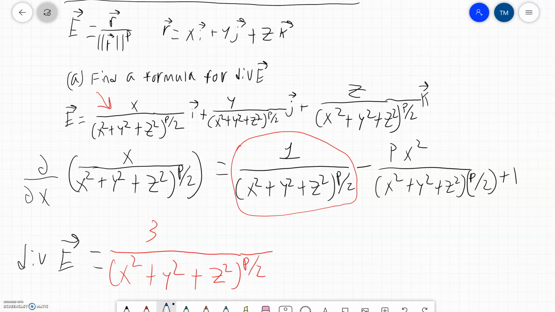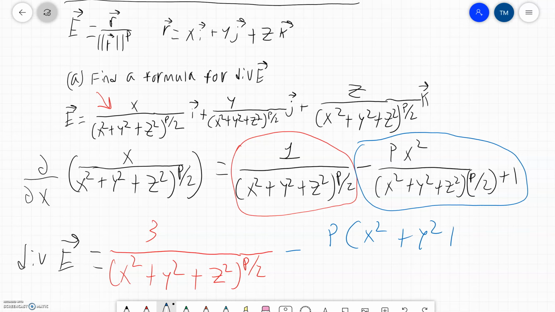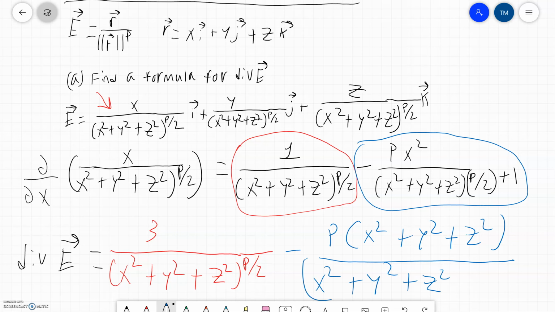And then the same thing also goes for this one, where I'm going to have minus p times (x squared plus y squared plus z squared) over (x squared plus y squared plus z squared) to the p over 2 plus 1.